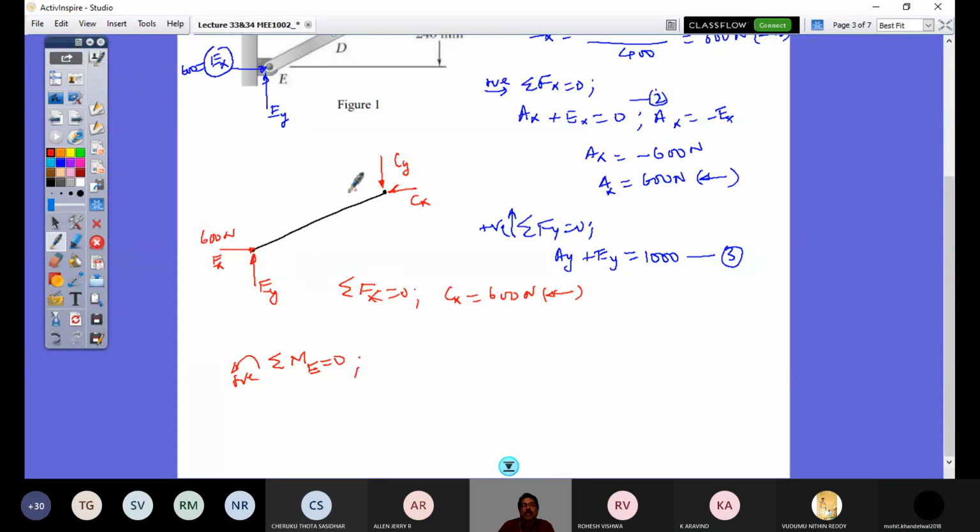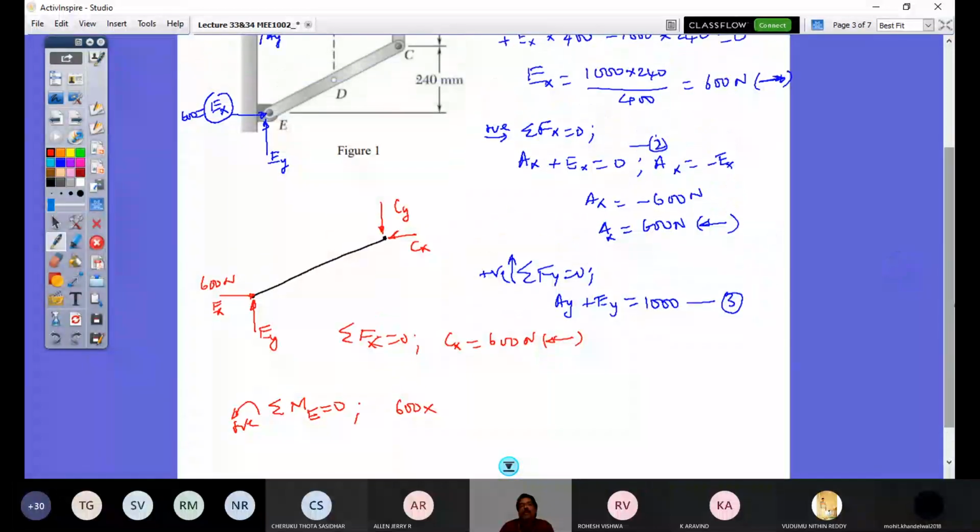So 600 into moment arm distance, this distance, which is 240. So 240, and that is positive here because that creates counterclockwise moment. Whereas Cy into this distance creates clockwise moment.